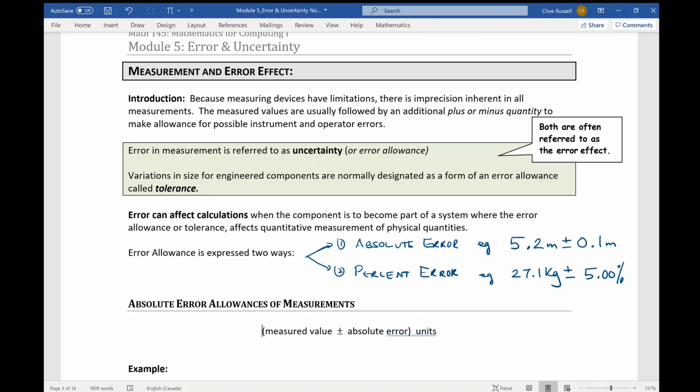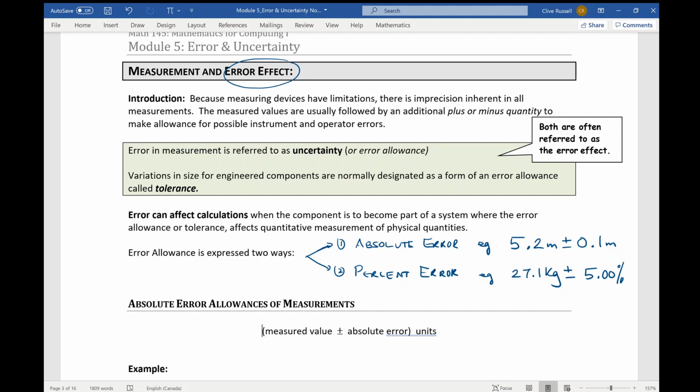Now we're going to be looking at what we call error effect in measurements. If I say that I weigh 175 pounds, because it's a measurement, it's not exact. It would be good if I could give a range of what my weight could fall between. So I could say that I weigh 175 pounds, but it could be anywhere between 174 and 176.